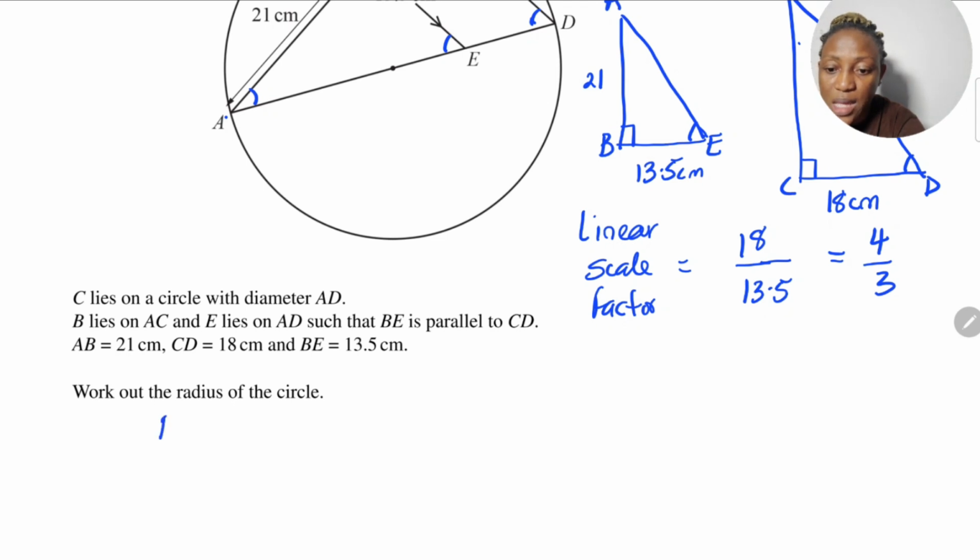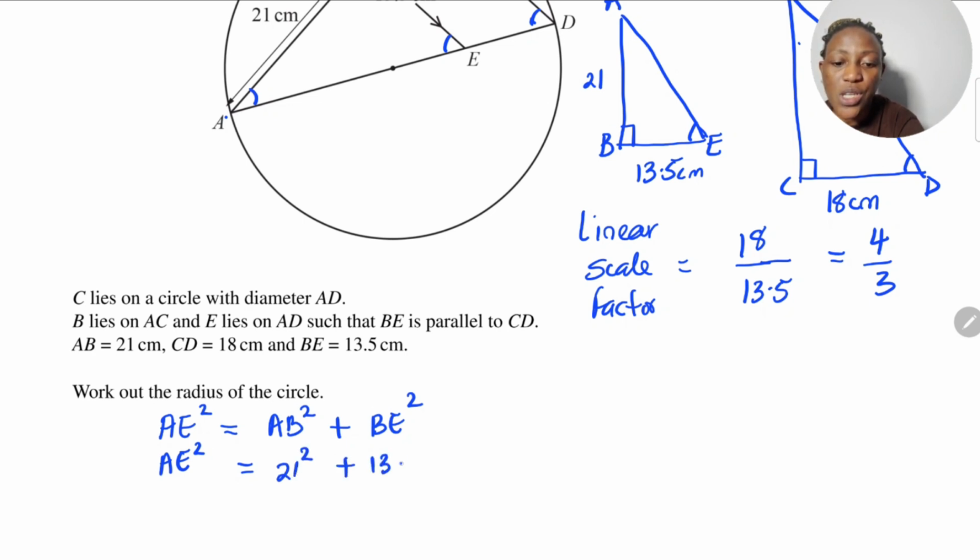Pythagoras theorem says that AE squared, which happens to be the hypotenuse here, should be given by the sum of the squares of the two other sides. So AE squared should be AB squared plus BE squared. So AE squared is equal to 21 squared plus 13.5 squared.